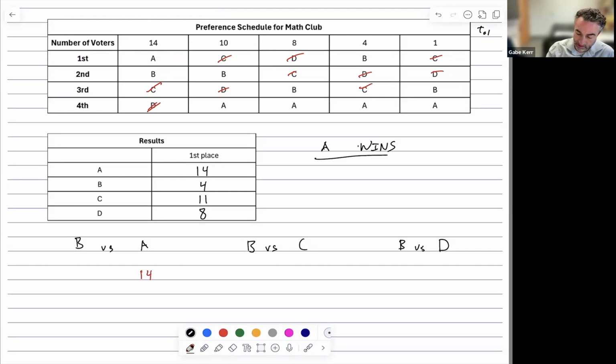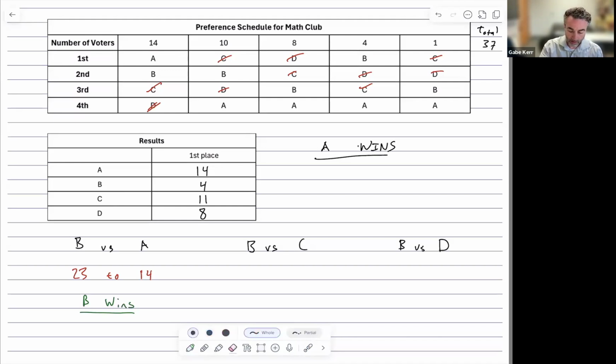Total votes: I've got 14 plus 10, that's 24, plus 8 is 32, plus 4 is 36, and then I have one more vote, 37. So I have a total of 37 votes, and 37 minus 14 is 23. So B had 23 votes to A's 14 in the head-to-head matchup, if we were just to eliminate the remaining candidates. So here, B wins in that head-to-head matchup.